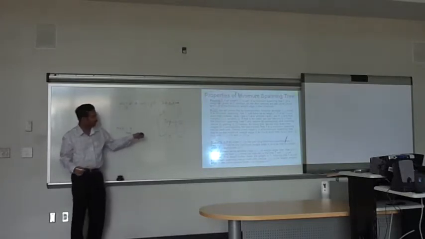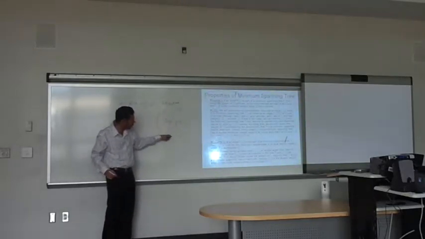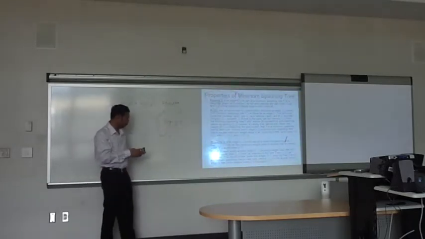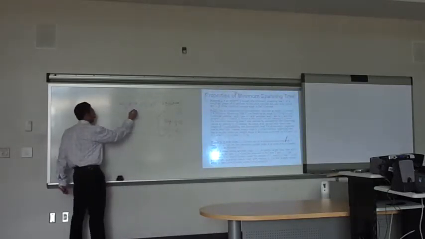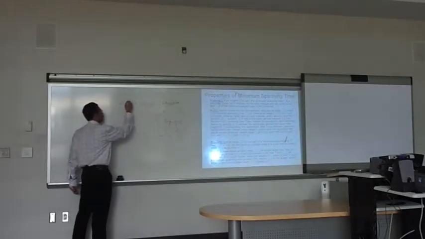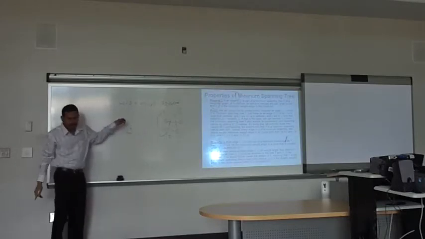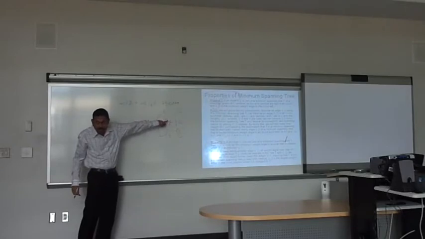And we want to prove that ij is a minimum weight edge crossing the cut set. So to prove that, let's assume a contradiction. In this case, you are going to prove the other way. Assume there is some other edge i prime j prime that is of weight strictly less than the weight of ij.